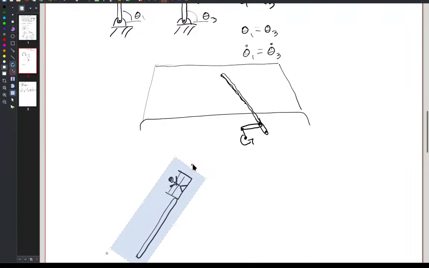Yeah, so it's fine for a catapult, but not ideal for an actual person.